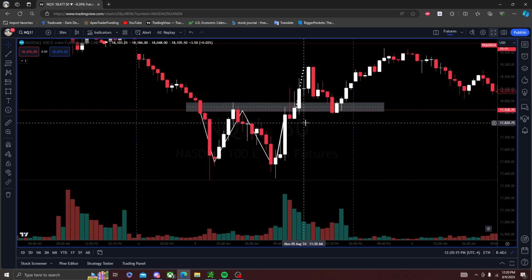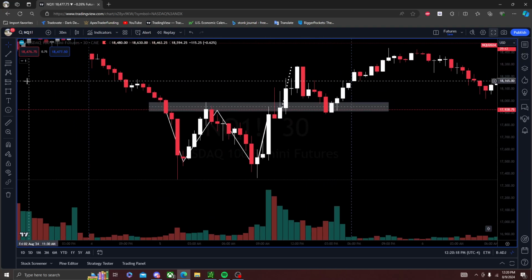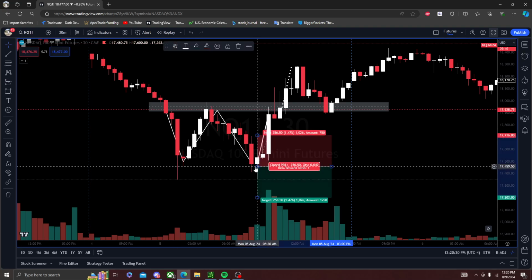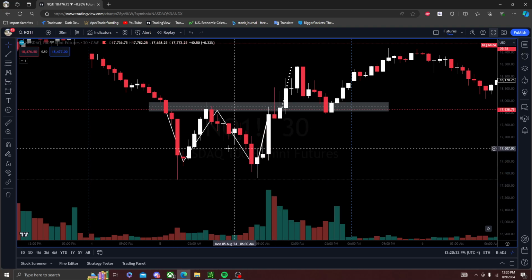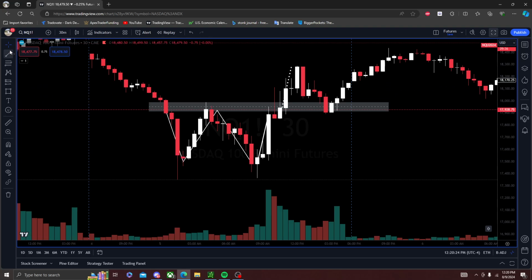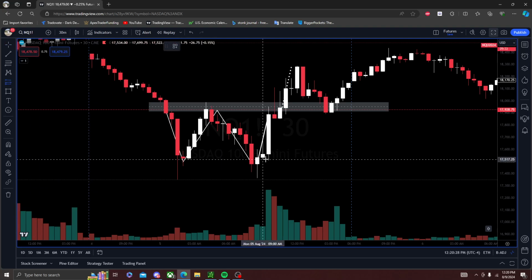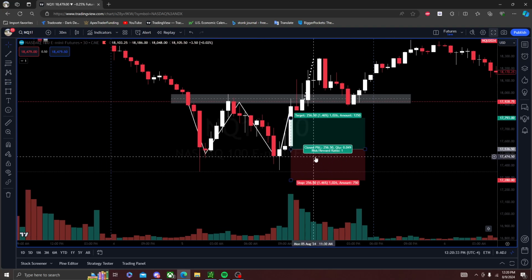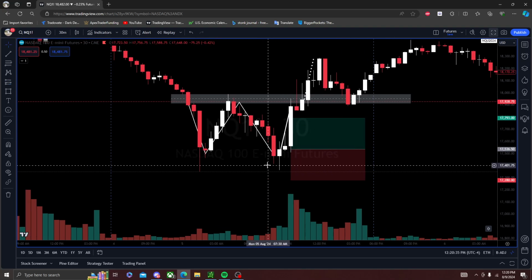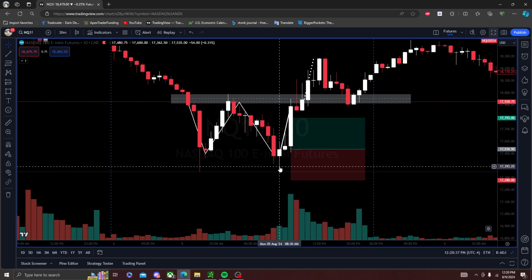And then, how would we determine the R to R? For me, a lot of times we're already identifying the potential double bottom or the potential McDonald's setup. So you really could take an entry anywhere at these lows. For me, I would probably have an entry somewhere about here with a stop loss at a newer 5-minute candle low.